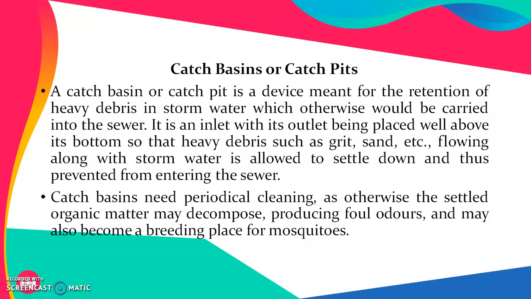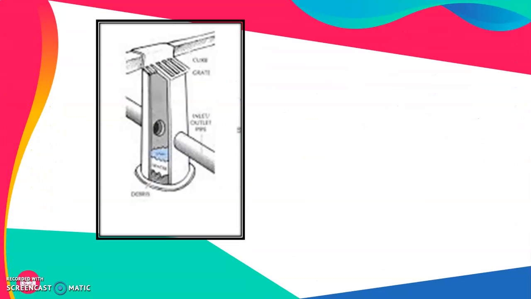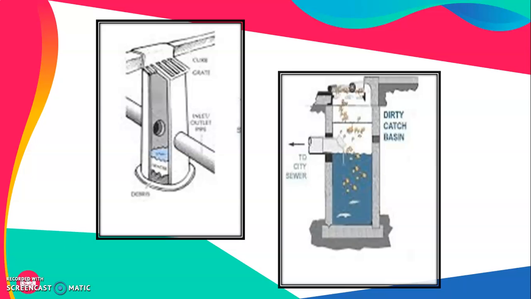As there is a deposition, it needs periodical cleaning. Otherwise, the settled organic matter may decompose, producing foul odors, and may also become a breeding place for mosquitoes. So this is a cross section of such a catch basin.